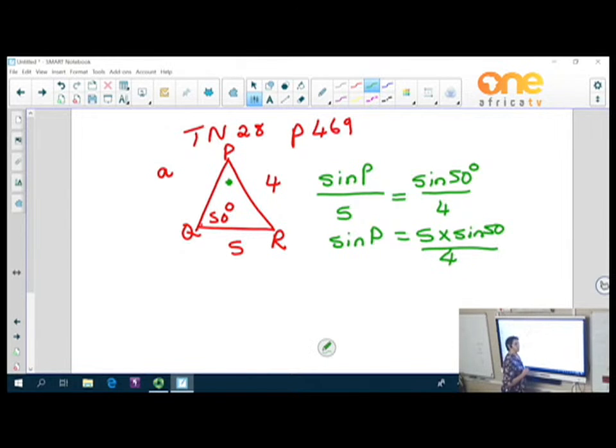And now remember you want the angle, so we'll have to press on the calculators now. Second function, sine, brackets, 5 times sine 50 divide by 4. You'll have to use extra brackets there, is equal to. And the answer is 73.2 degrees.